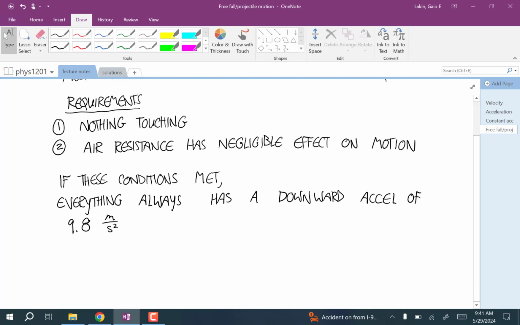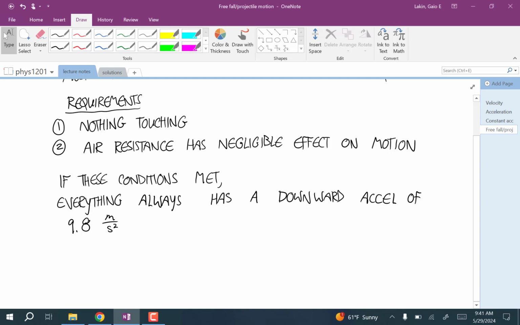So if nothing's touching the object and the air resistance has a negligible effect on the motion, then you always know the acceleration going into your calculation.